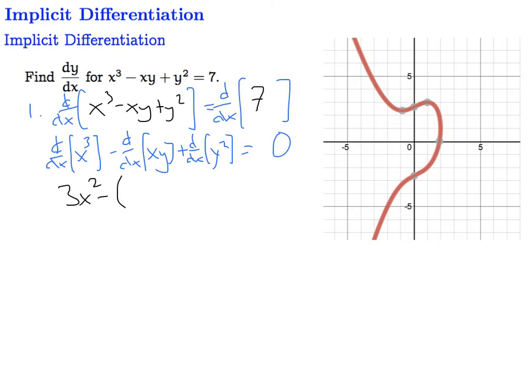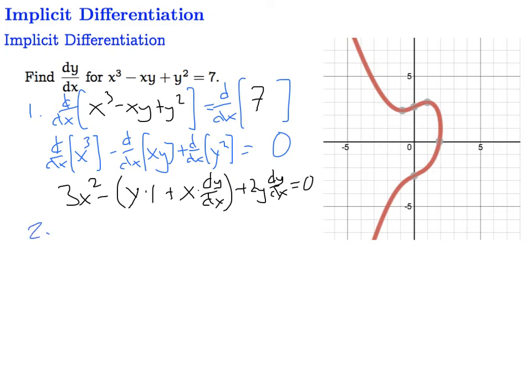Minus, we have a product rule in here, but we did take the derivative of this earlier in the video, and we found this was going to be y times 1 plus x times dy over dx. And last, we have to take the derivative of y squared. This will be 2y dy over dx, equal to 0, and that comes to us from our chain rule again.